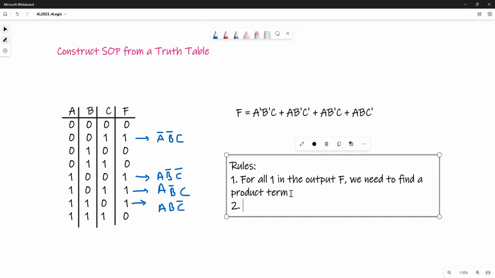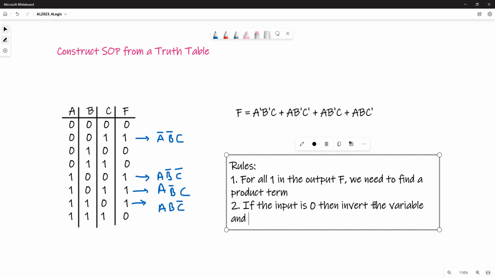Second one: if the input is 0, then invert the variable, and if it is 1, then take the variable as it is.